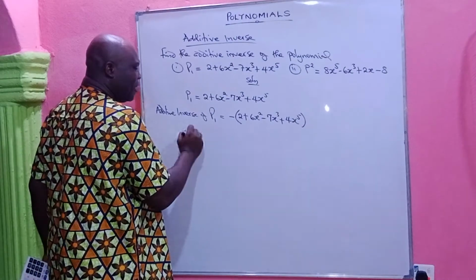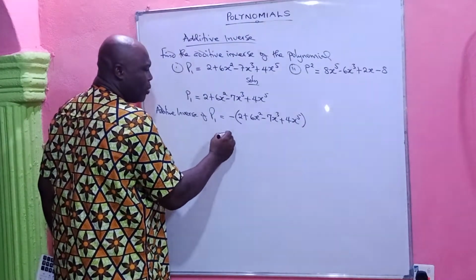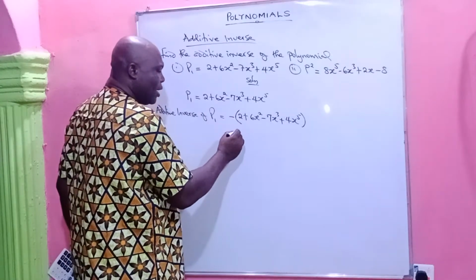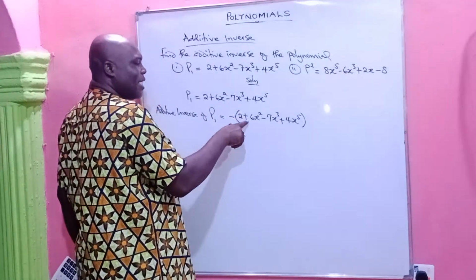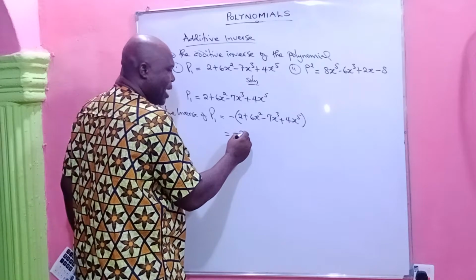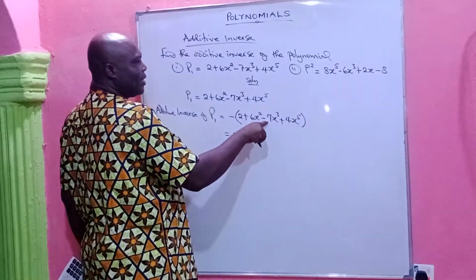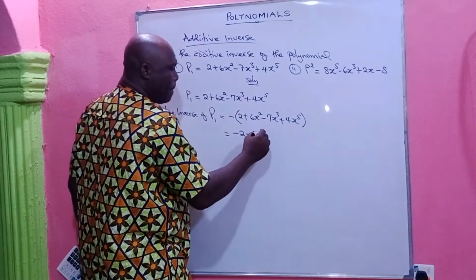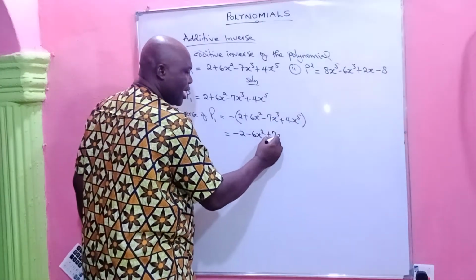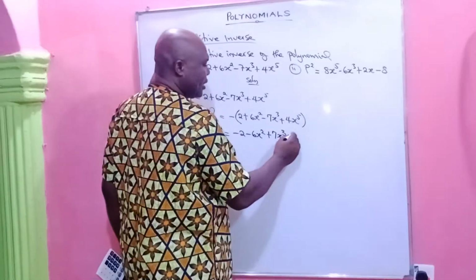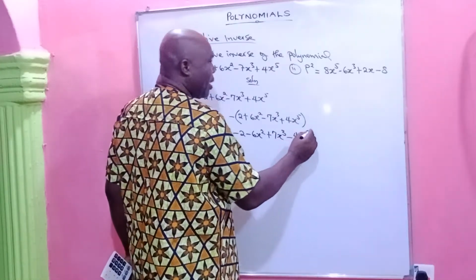Therefore, the additive inverse of P1 will be equal to, this minus sign affects 2 to be minus 2. The minus sign affects this positive sign to be a minus 6x squared. This minus sign affects this minus to become positive 7x cubed. And then this minus affects this to be a negative 4x raised to the power 5.